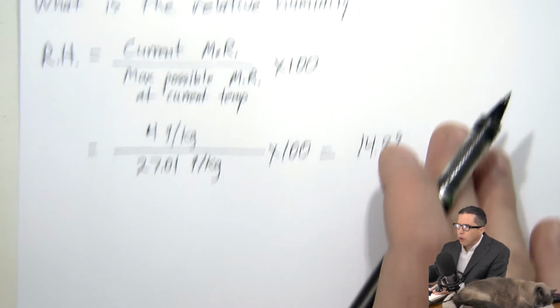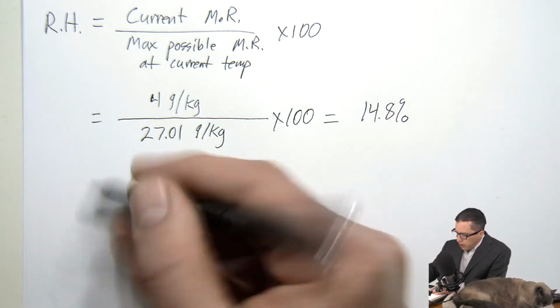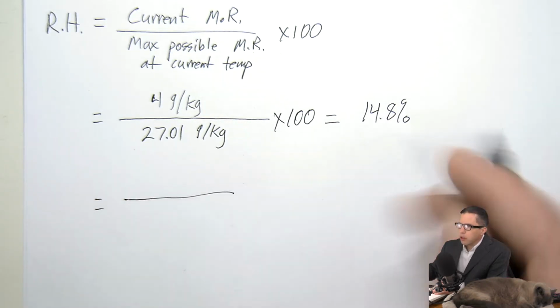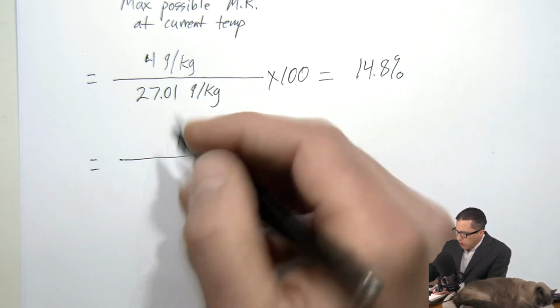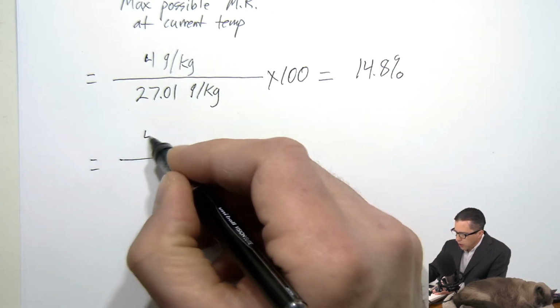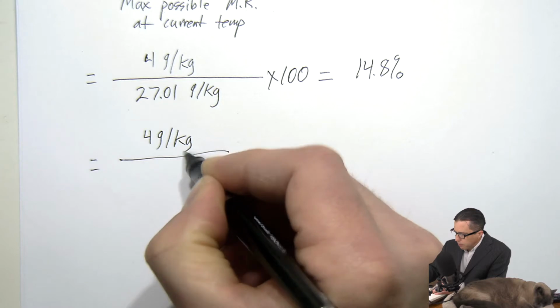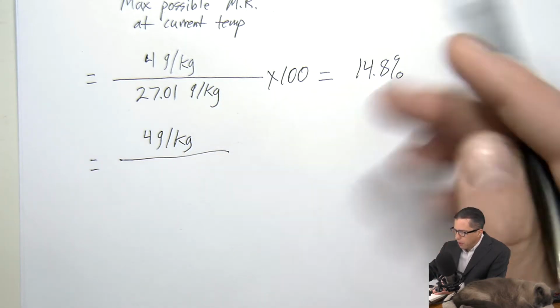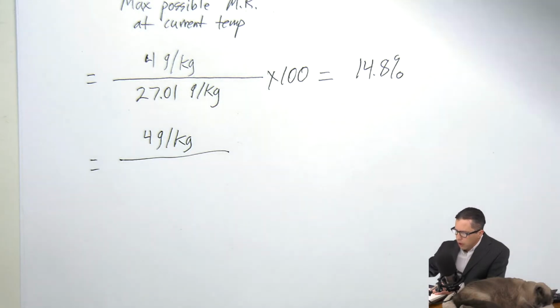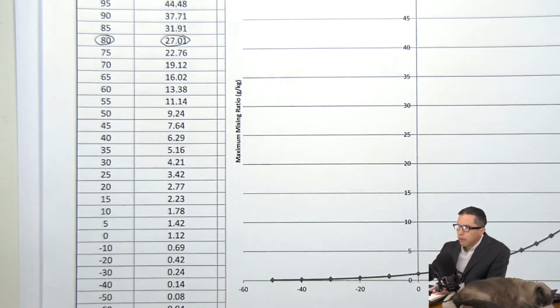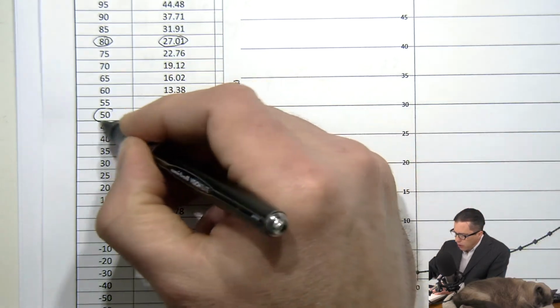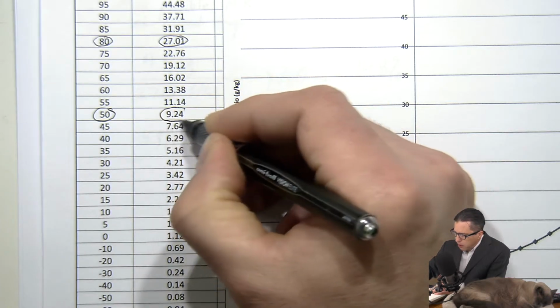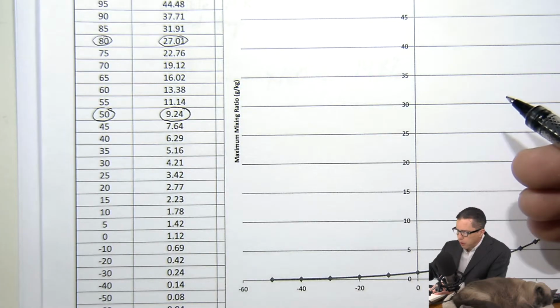All right, so back to this. What do we know? Well, the top of the fraction is still the same. But now the bottom of the fraction has a different number because we're at a different temperature. So I go back to the table. At 50 degrees, the maximum possible mixing ratio is 9.24 grams per kilogram.